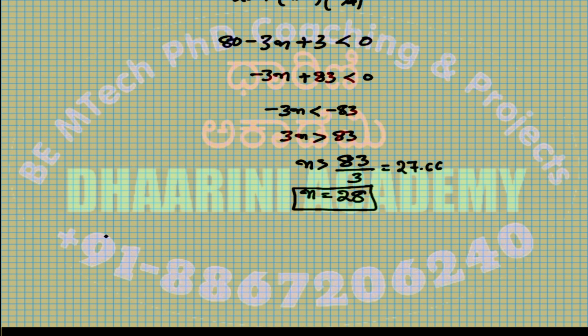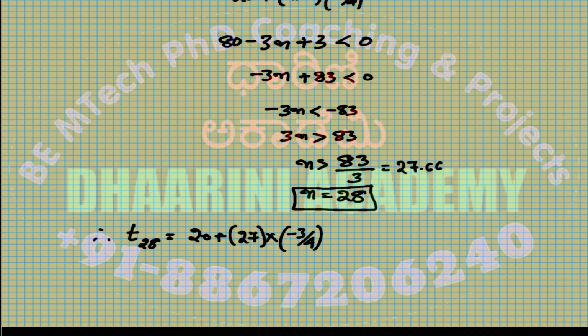Now, therefore, let's calculate T28. T28 is equal to the first term, that is 20, plus 28 minus 1, that is 27, into minus 3 by 4.